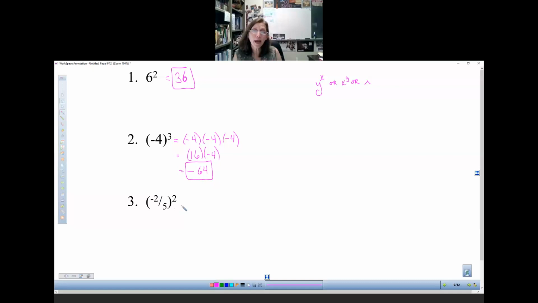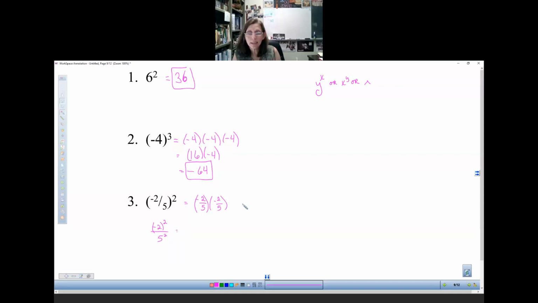When we talk about fractions and exponents, we do the top and the bottom. So one way we can think about this is negative 2 fifths, times negative 2 fifths. Or you can think about this as negative 2 squared over 5 squared.